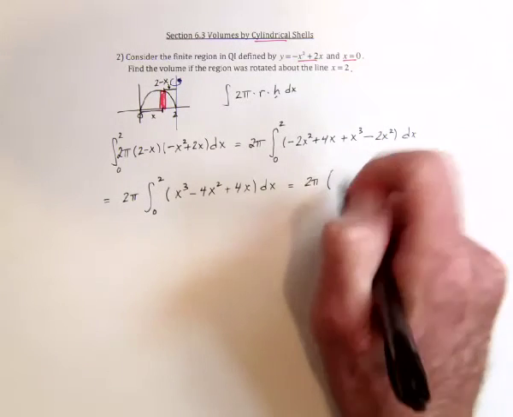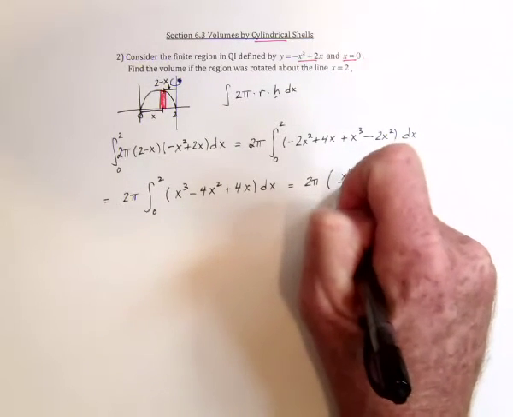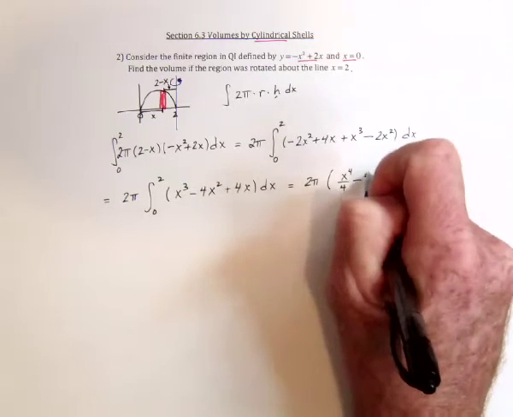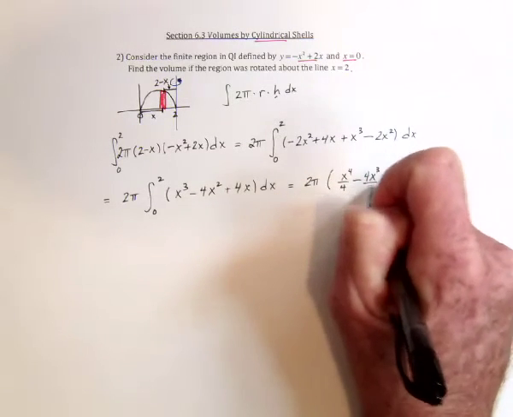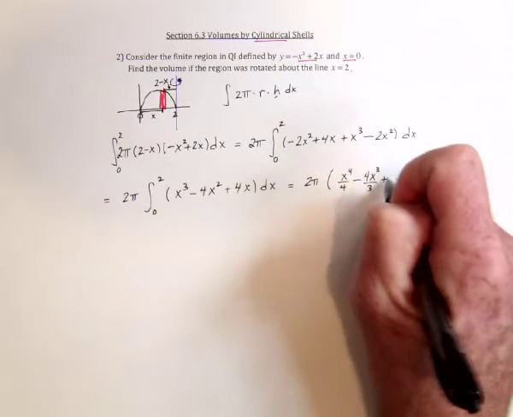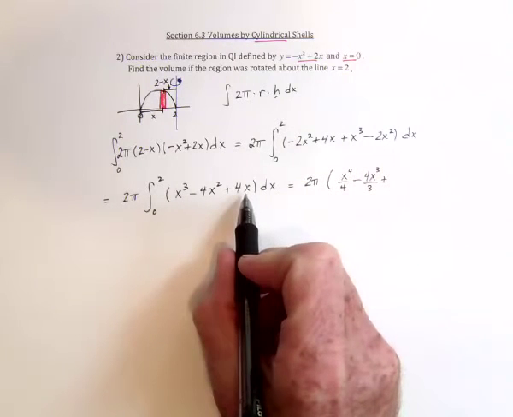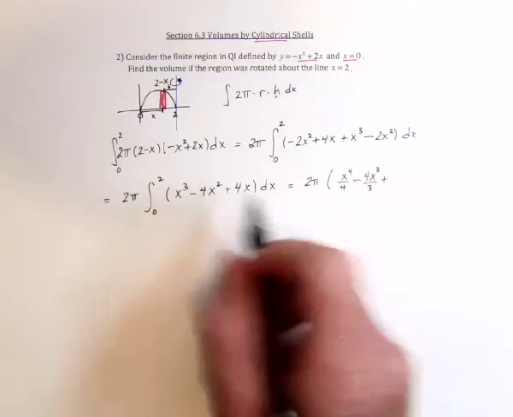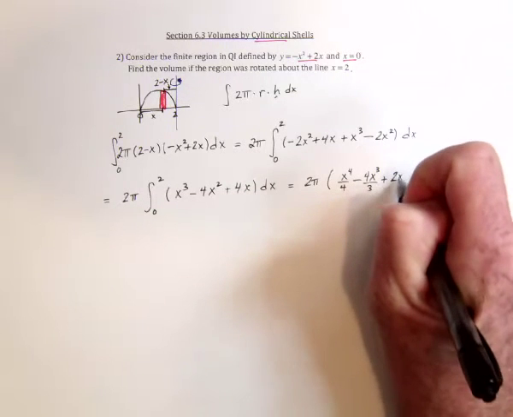And then the first antiderivative will be x to the 4 over 4 minus 4 times x to the 3 over 3 plus this would become 4x squared over 2, and then reduce it, it's going to be 2x squared.